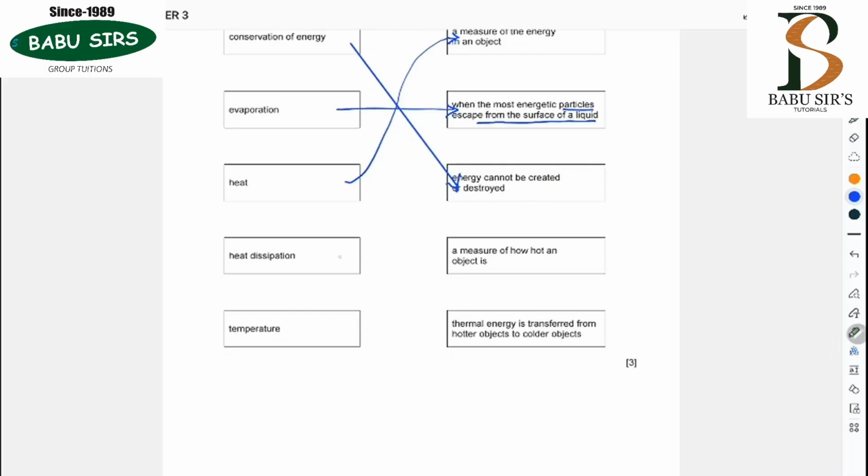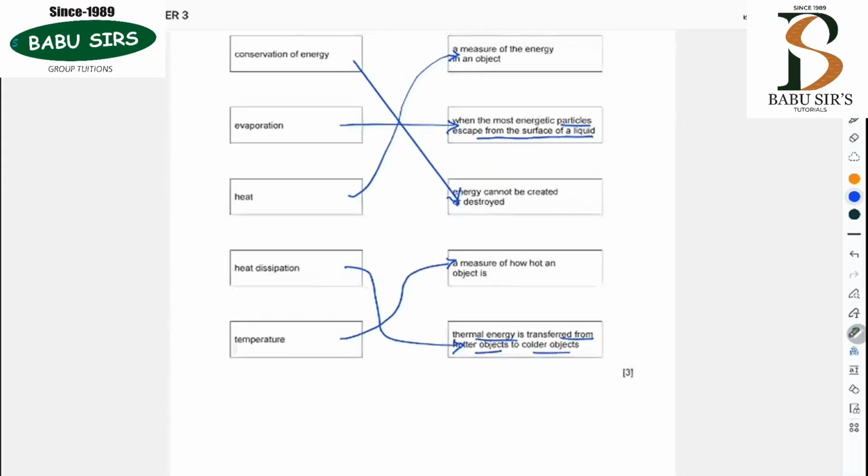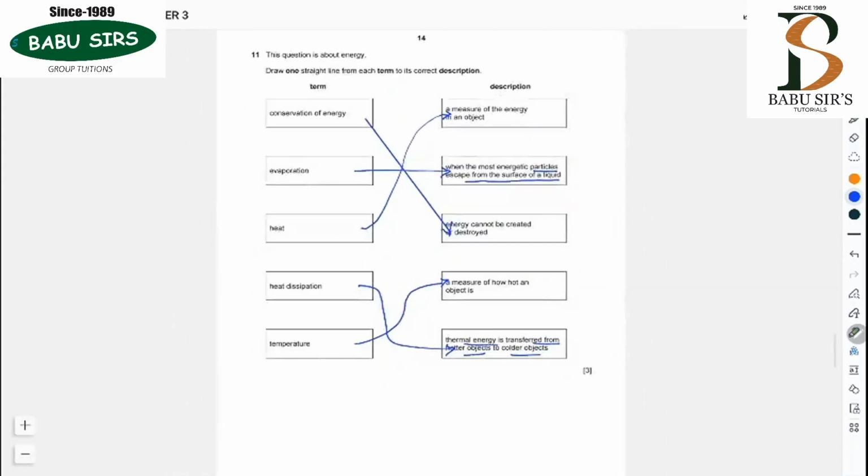Heat dissipation is when heat energy is transferred from hot to cold. And what is temperature? Temperature is how hot the object is. All these definitions are clearly mentioned in your textbook. You can take a note of it.